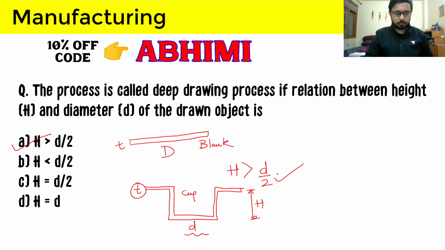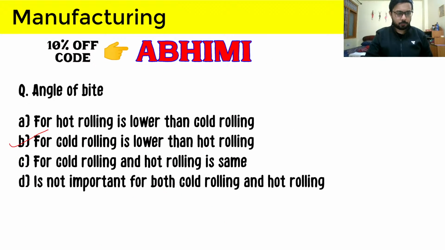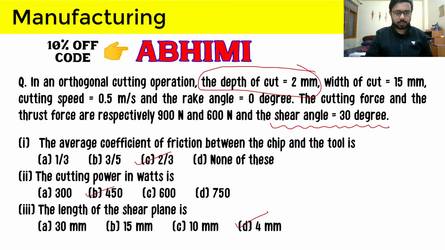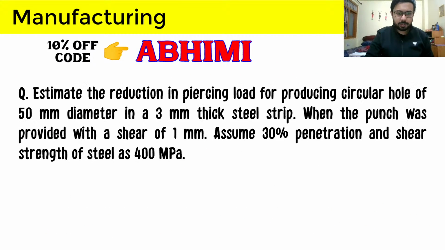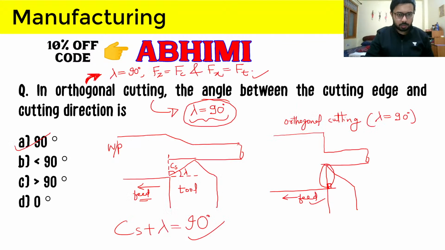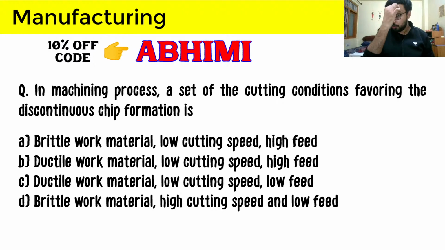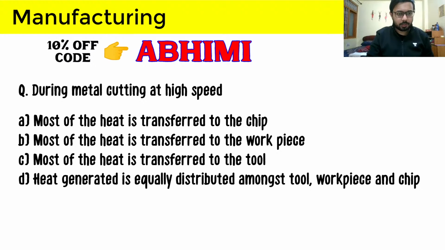So we have done 1, 2, 3, 4, 5, 6. Six questions have been done by us in just an hour or so. So let's continue and do the next questions, which is this one about discontinuous chip formation. Then we have heat, which part has the most amount of heat transferred to it, so we will discuss that also.